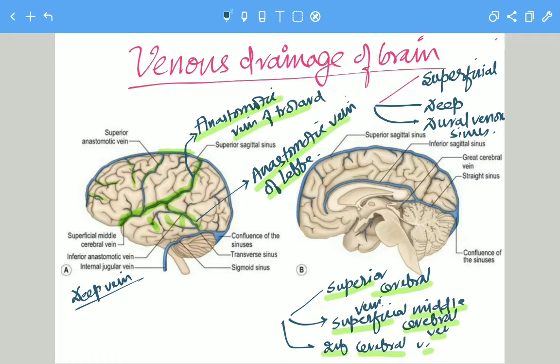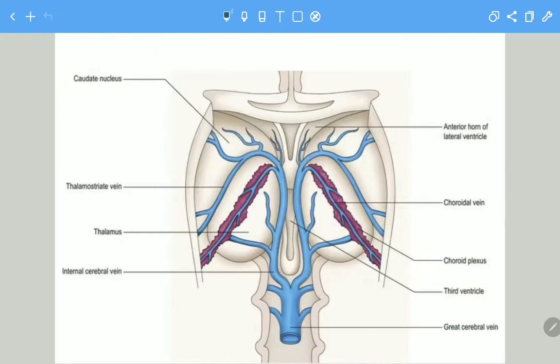So if we go to the next picture, the deep cerebral veins drain the internal structures of the forebrain, and there are two groups of veins which are draining.